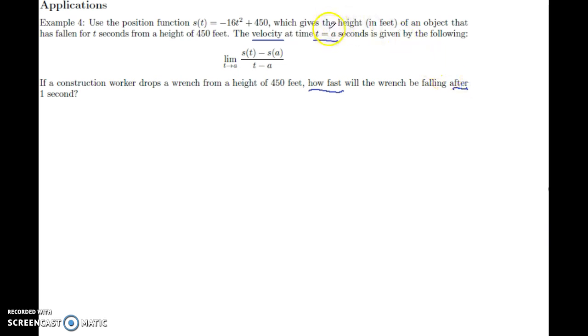So after 1 second, our 1 really represents the a. So we are looking for how fast, so the limit as t approaches 1 of s of t minus s of 1, divided by t minus 1. We are finding this limit. Now we just apply the formula.